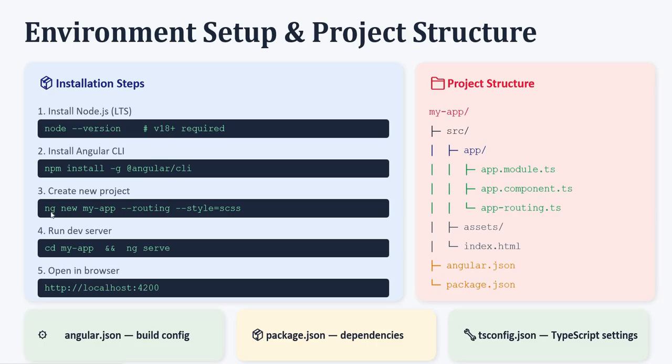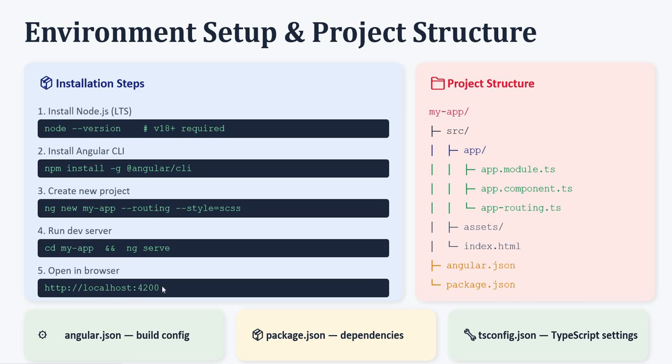And cd my-app goes inside it, and then you can start it. See, this command we have run there to start it. Once it is started, we can access it using http://localhost:4200. And this is the project structure, right?